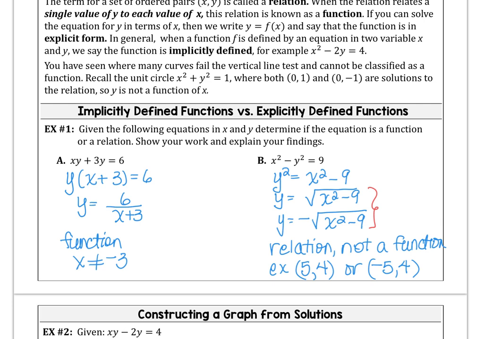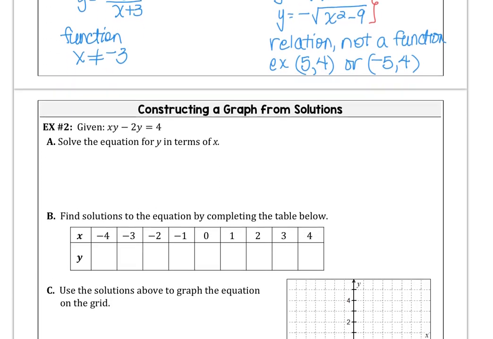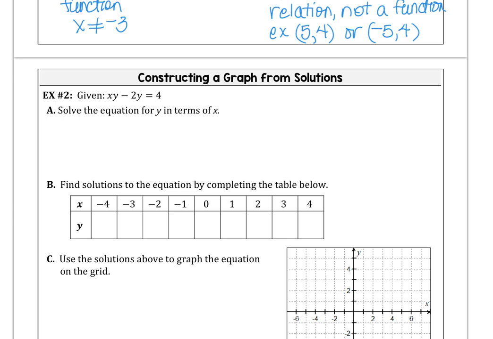In example 2, we want to look at xy minus 2y equals 4, and we want to solve the equation in terms of x. So it's similar to example 1a.